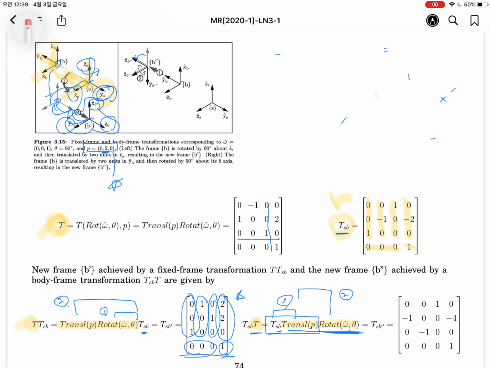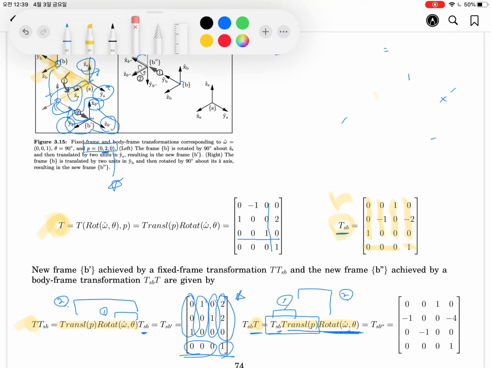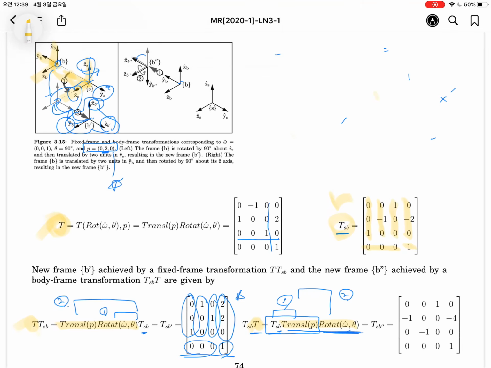Okay, let's read the final orientation in terms of the S. Okay, in here, the x-axis will be aligned with minus y, so 0, -1, 0. And the y-axis is aligned with the minus z, so 0, 0, -1.